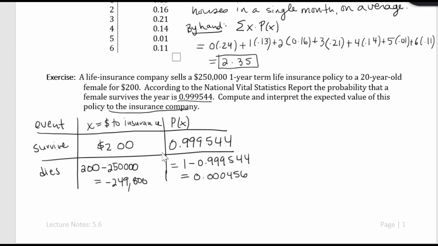Okay, so here we only have 2 events and their probabilities. You could go through and do this in GeoGebra, like this is column A and this is column B, and do it like we did in the last example. But since there's only 2, doing it by hand is actually really nice.